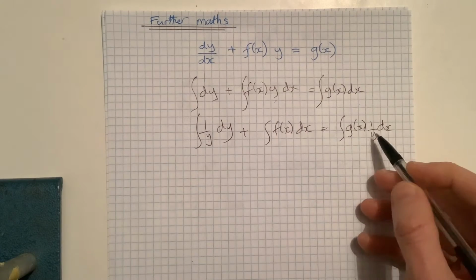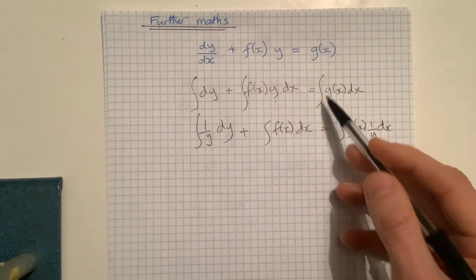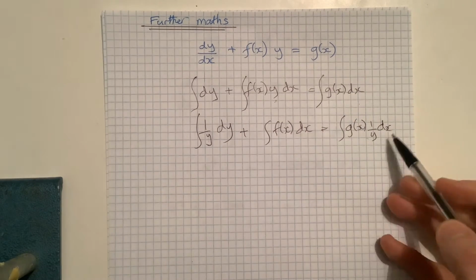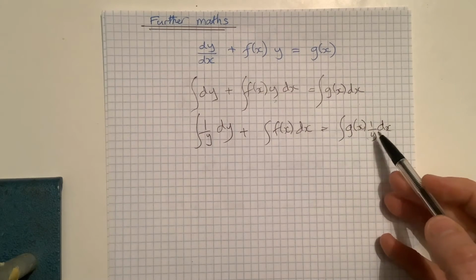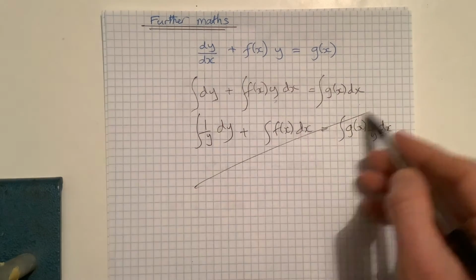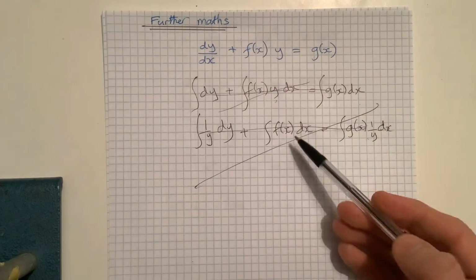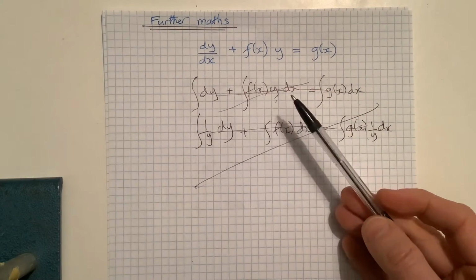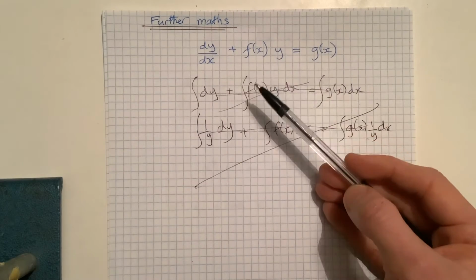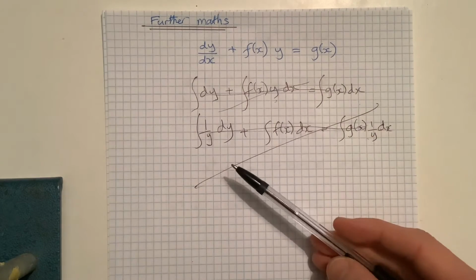And then again, we've got the same problem that we had before. We're trying to integrate a y function with respect to x, so we can't do it. So what I'm trying to do here will not work. You can't use a separation of variables technique to solve something like this. So we need to use a different technique.